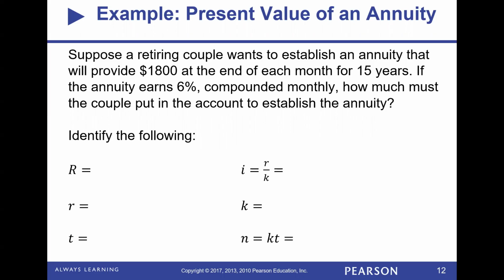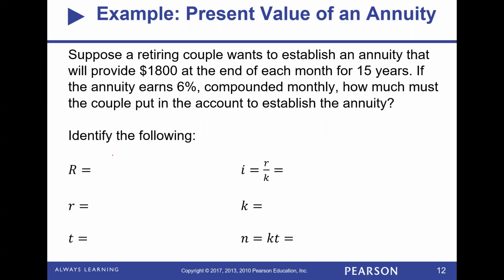So they're going to put the money in the account right now. And even though they're putting the money in right now, they can start withdrawing $1,800 at the end of the month, and they'll get $1,800 for 15 years. But how much money do they need to put in the account today to start making these payments to themselves?